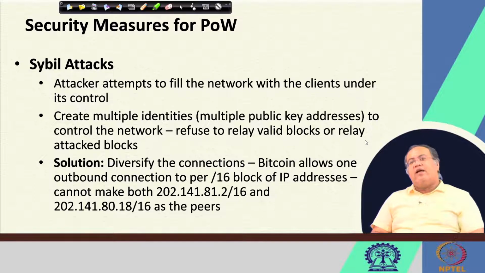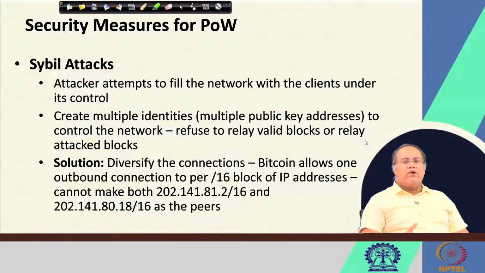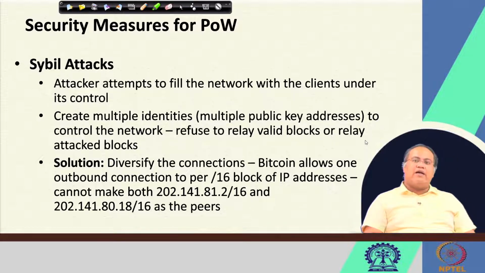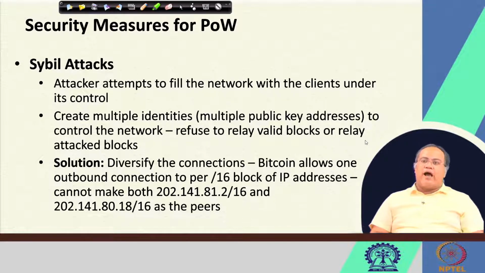So, for example, I can create one node with one IP address, another node with another IP address, or even under the same IP address I can use 2 different public addresses to have 2 different wallets to participate. Well, so that way I can create multiple different public addresses, because you remember in the context of Bitcoin you have learned that this identity is basically generated from the public key.